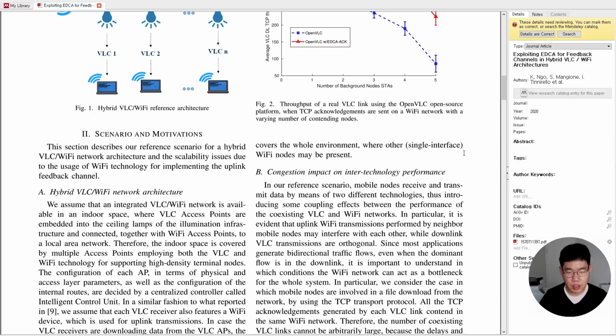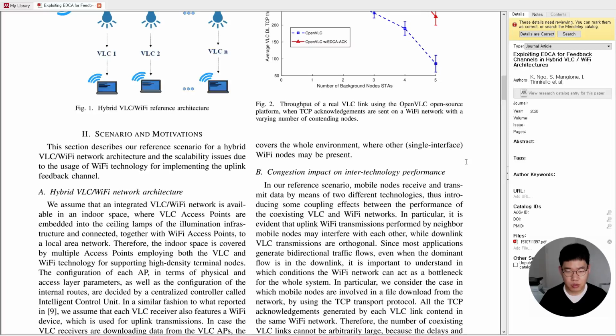B. Congestion impact on inter-technology performance. In our reference scenario, mobile nodes receive and transmit data by means of two different technologies, thus introducing some coupling effects between the performance of coexisting VLC and Wi-Fi networks.